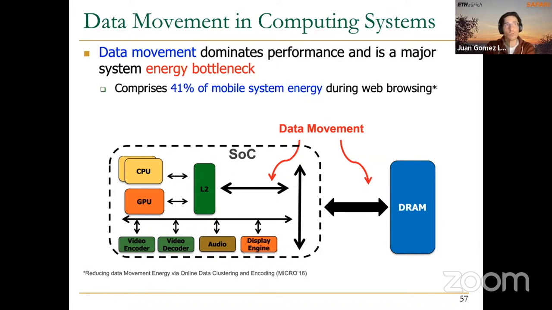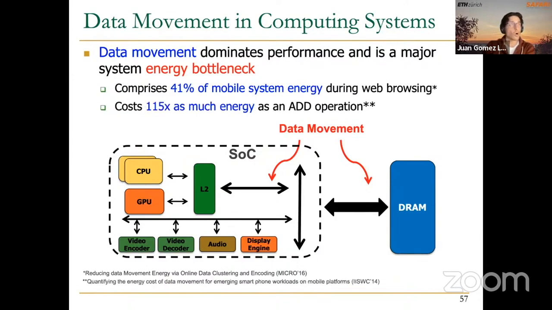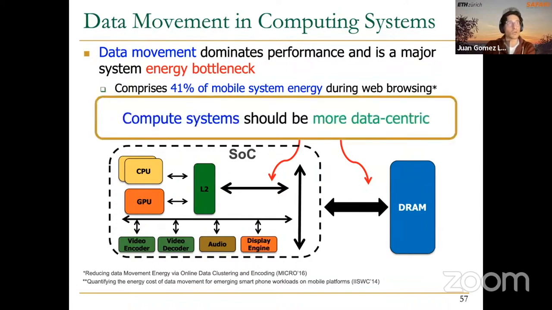For example, 41% of mobile system energy is spent on data movement during web browsing. And in another study, the cost of an add operation is more than 100 times more energy than a simple add operation.